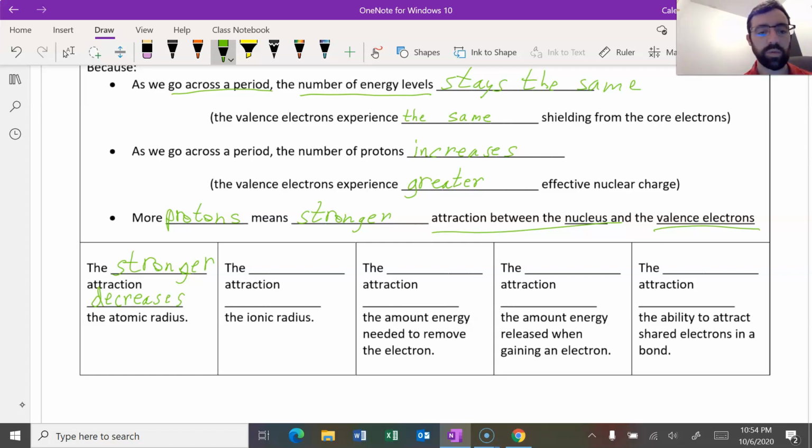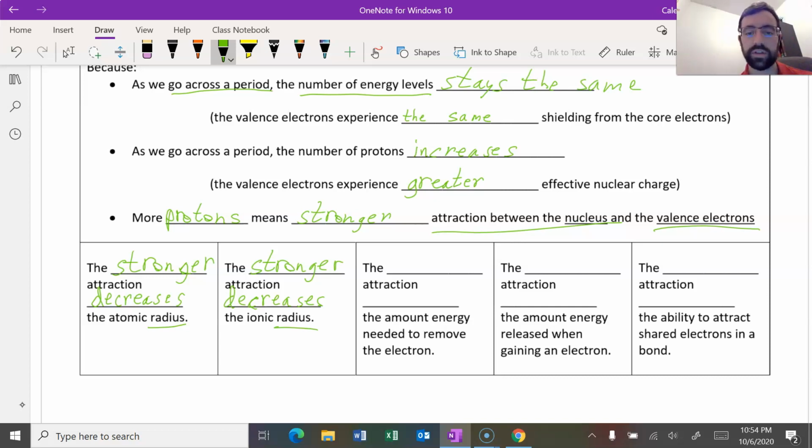All right, we're still talking about radius with the ionic radius, so the stronger attraction decreases the ionic radius. It makes the atom smaller because it's pulling the outer layer of electrons in.